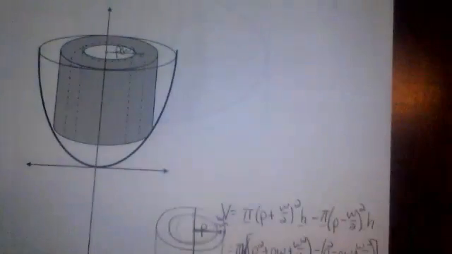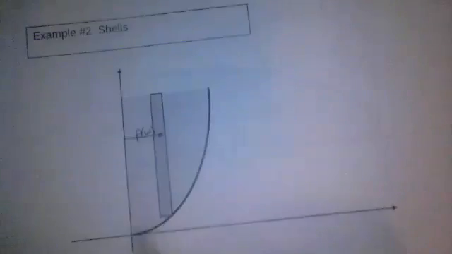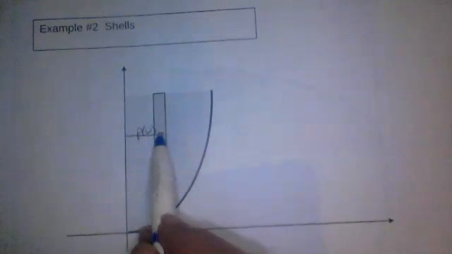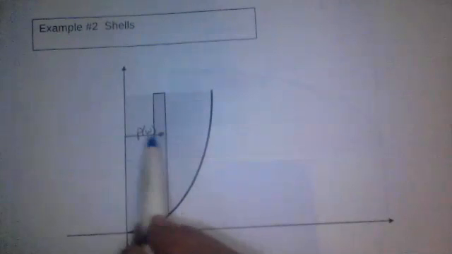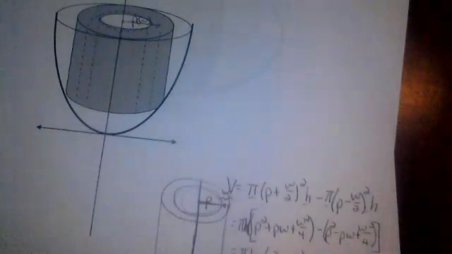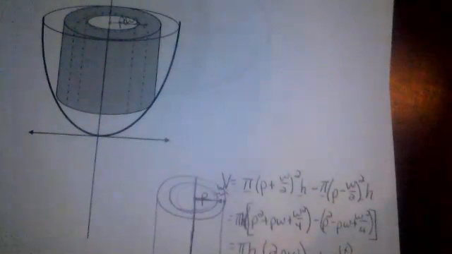So function p, and usually that's just going to be some x value, like we're going some distance x out. Now if they ask us to rotate around some other line, it won't just be x, but most of the time it's just some value of x. So this is usually just x. And then the h represents our height, which is going to be top curve minus bottom curve.